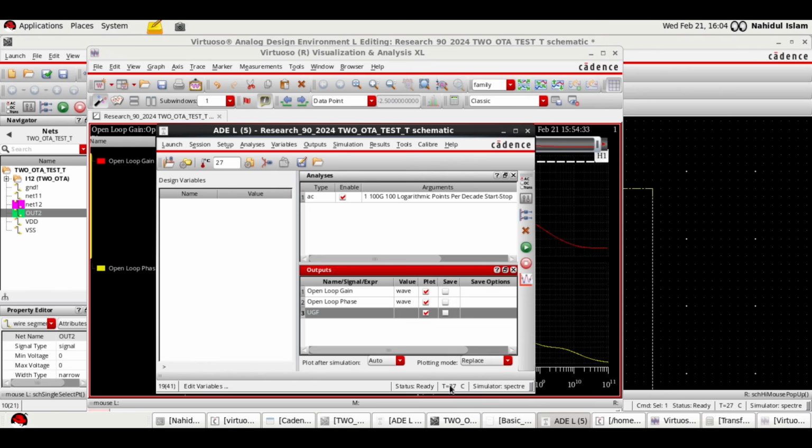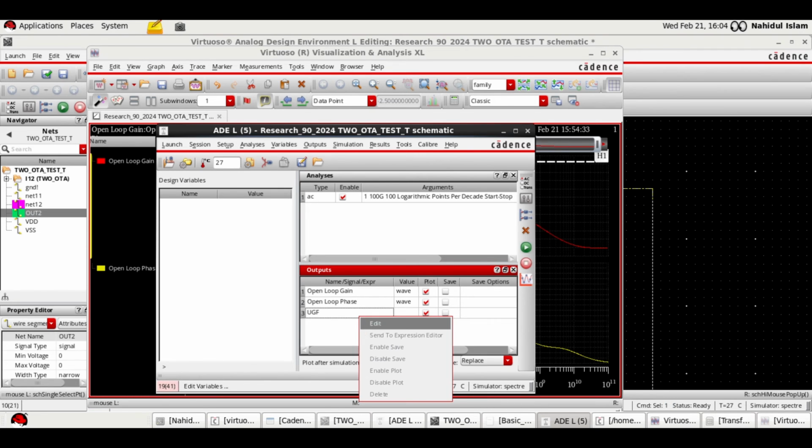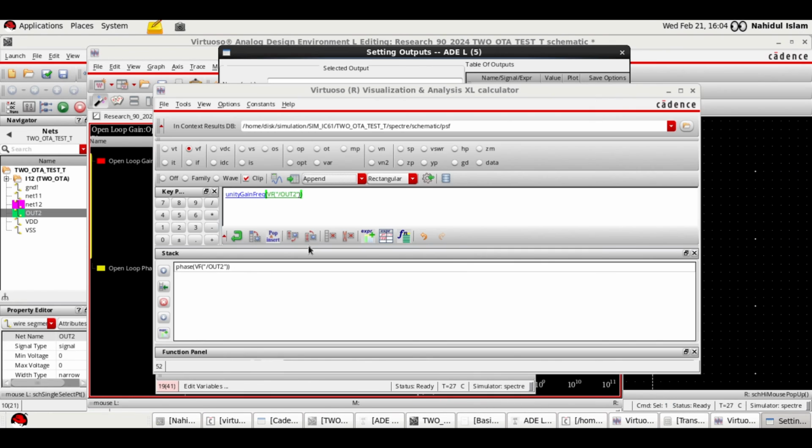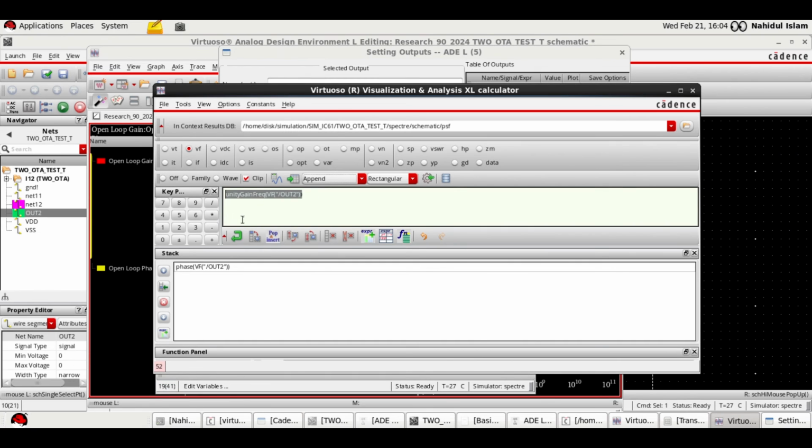We can also check it from the calculator. Here's another function.